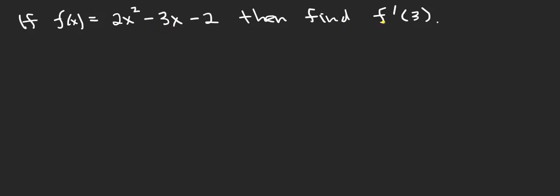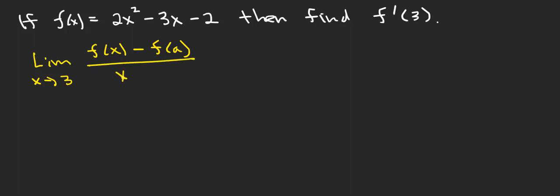If f of x equals 2x squared minus 3x minus 2, then they want you to find f prime of 3. So using the alternate definition of the derivative, the limit as x goes to 3, because now a is 3, of f of x minus f of a all over x minus a.